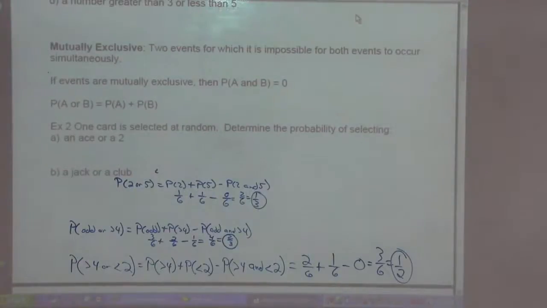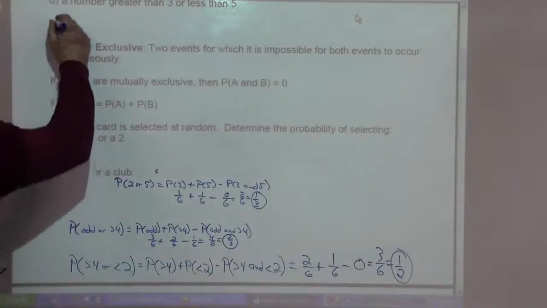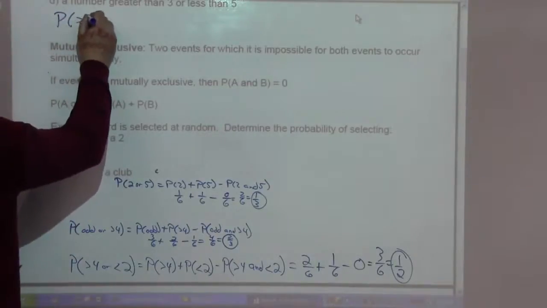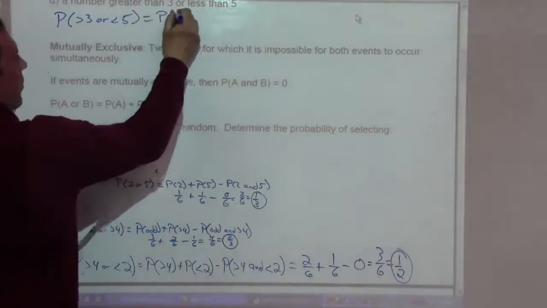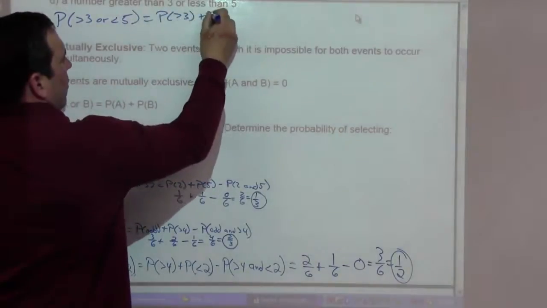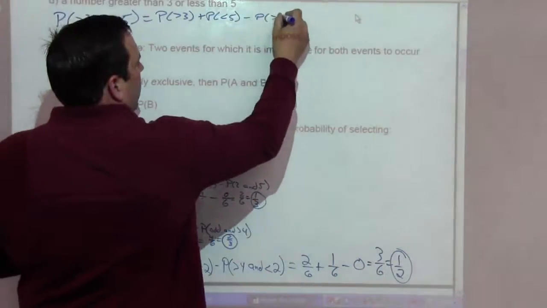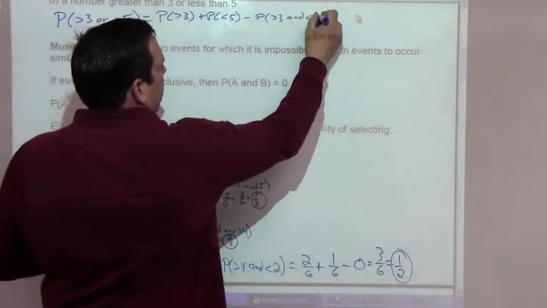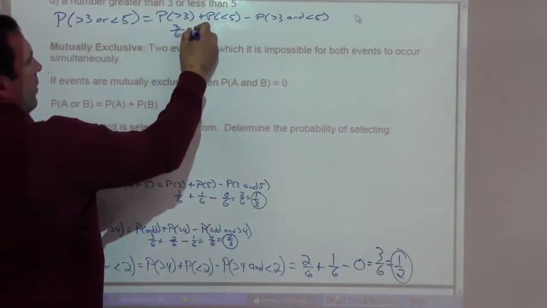How about a number greater than 3 or less than 5? That's the probability of a number greater than 3 plus the probability of a number less than 5 minus the probability of a number both greater than 3 and less than 5. Okay, there are 3 numbers bigger than 3 out of the 6.